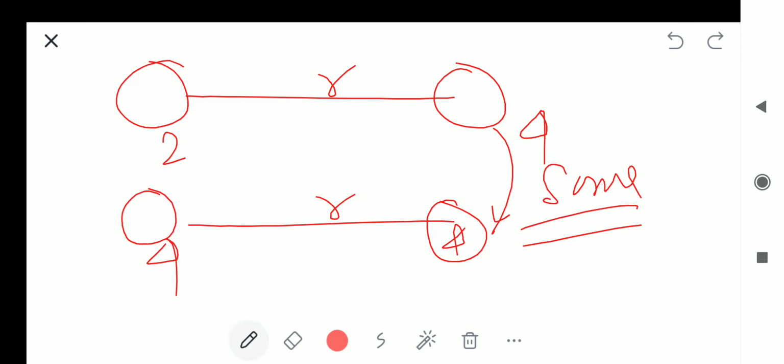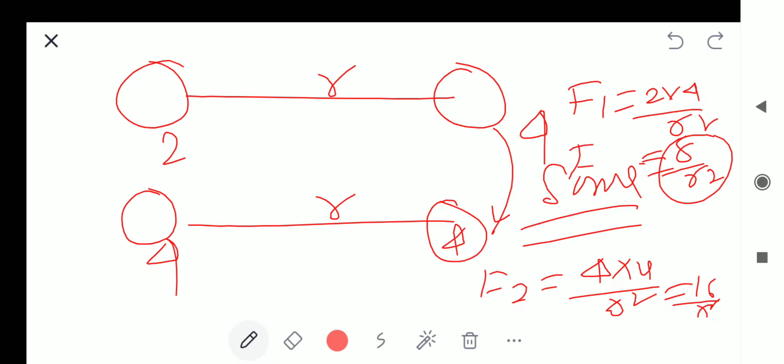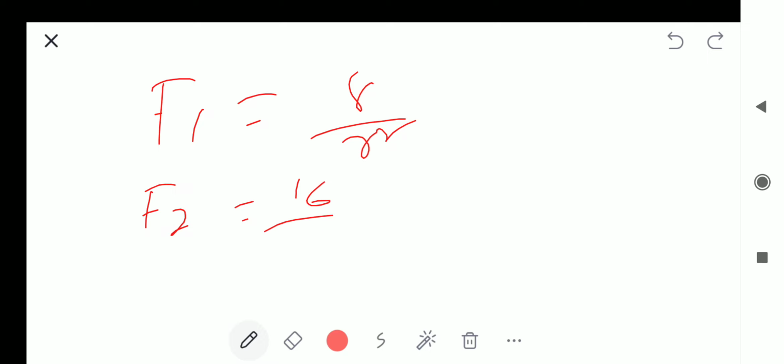Then for the initial case, F1 equals 2 into 4 by r square, that is 8 by r square, and F2 is 4 into 4 by r square, that is 16 by r square.